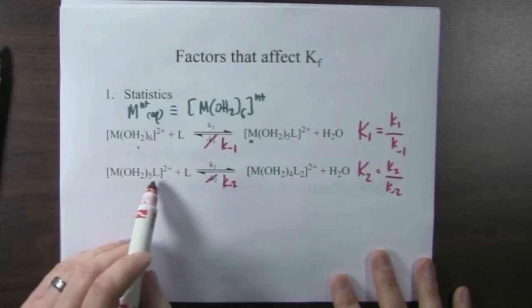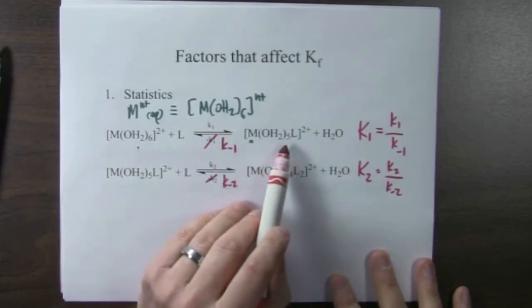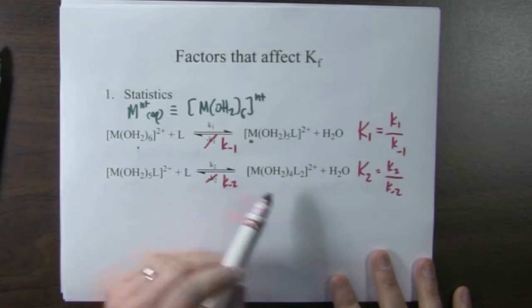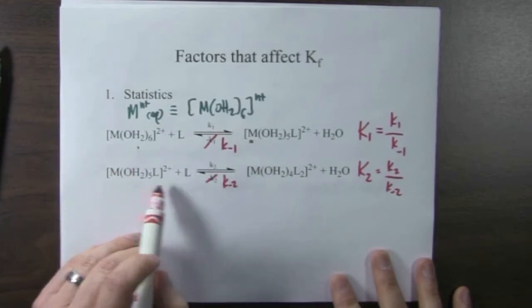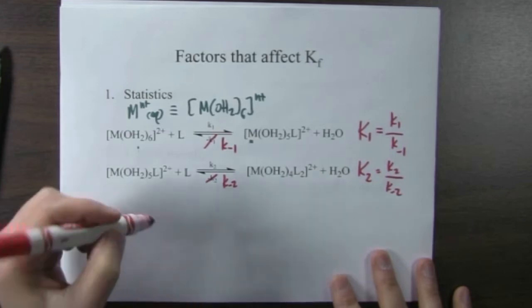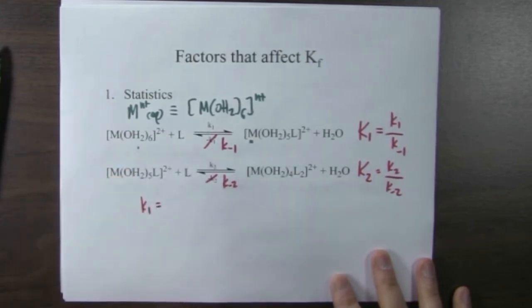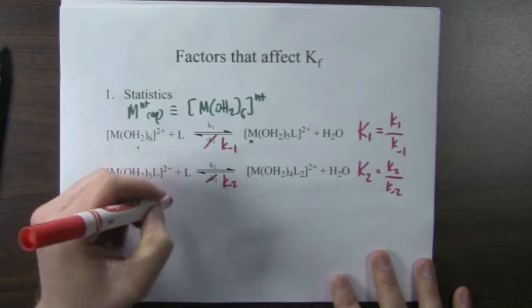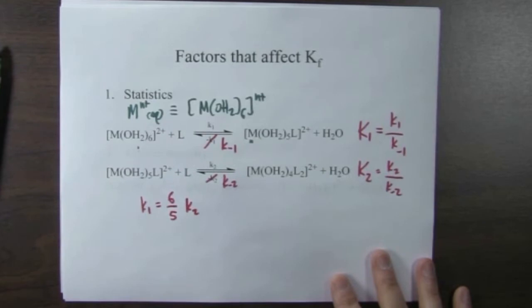If we displace the ligand with the ligand, a self-exchange, back here we didn't progress at all. So we have 5 out of 6 chances of getting it right, and so statistically the rate of the first forward reaction must be greater than the rate of the second forward reaction.